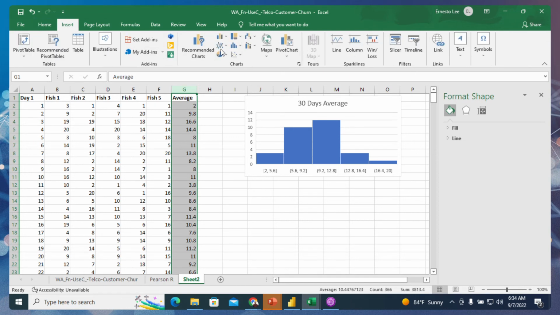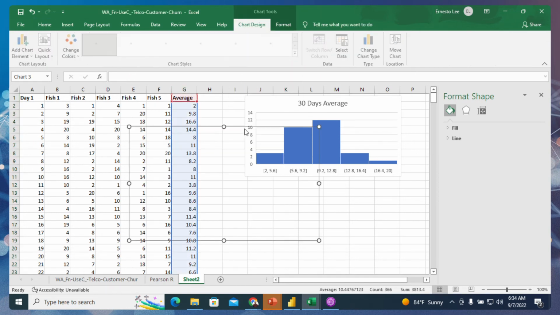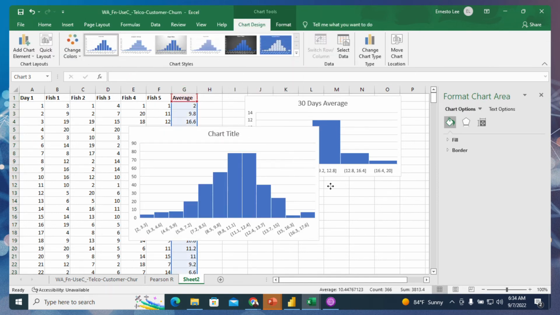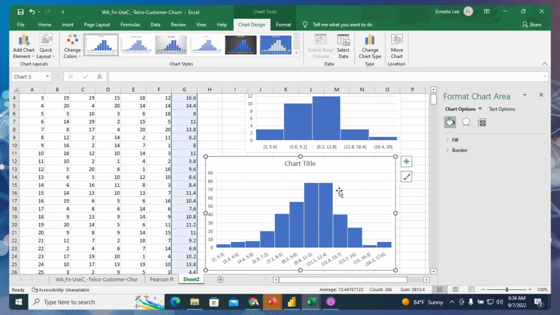I'm going to insert a histogram, and now we really start to see, this is 1 year averages. Now we really start to see a normal distribution, a Gaussian distribution, a bell curve.